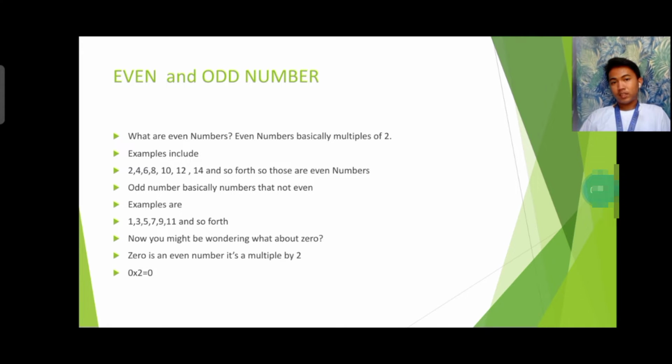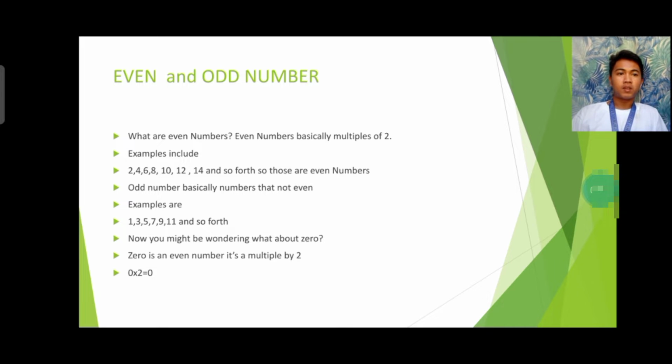What are even numbers? Even numbers are basically multiples of 2. Examples include 2, 4, 6, 8, 10, 12, and 14, and so forth. So those are even numbers. Odd numbers are basically numbers that are not even.